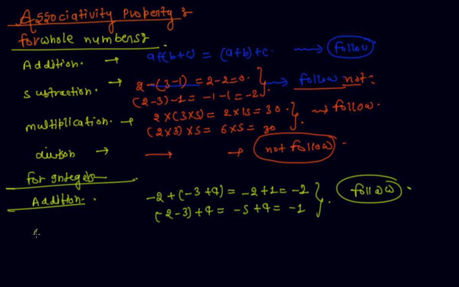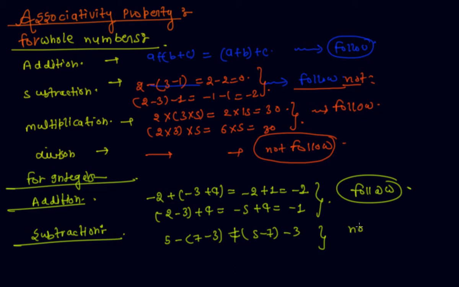Now I take subtraction. In the case of subtraction, if I take the example 5 minus (7 minus 3) is not equal to (5 minus 7) minus 3. So it does not follow the associative property.